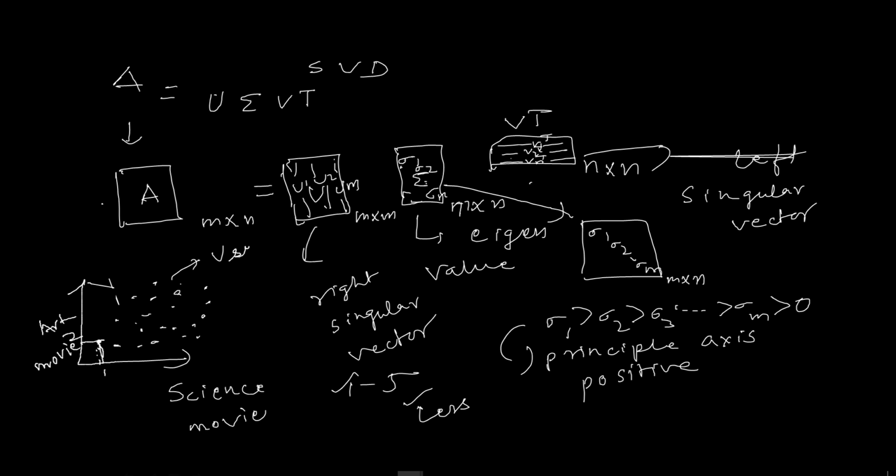A similar matrix has persons and movies m1, m2, mn. Let's suppose these are science movies, these are art movies, and then persons. I will describe this later; this is just the initial portion. If you see this direction, the data is generally like an ellipse, and in this direction the maximum data is projected.